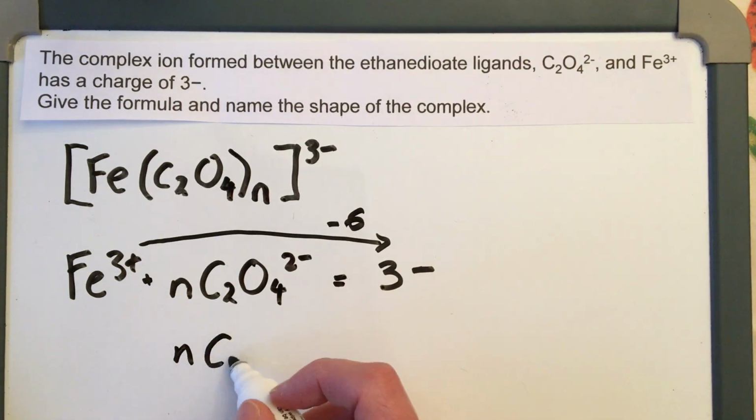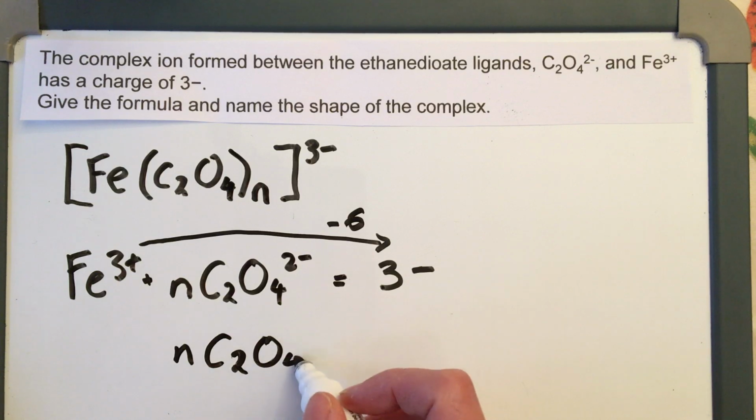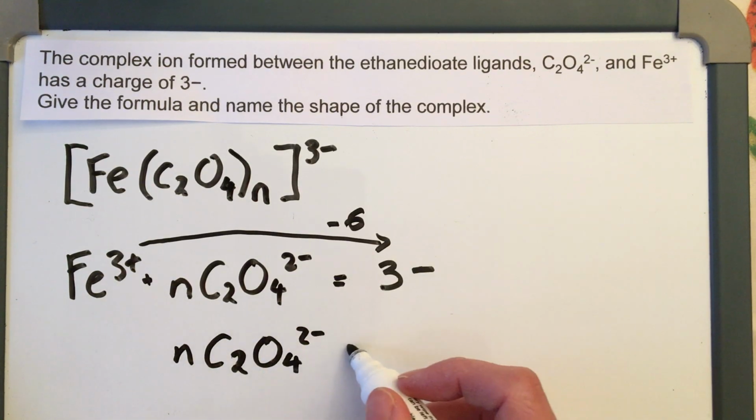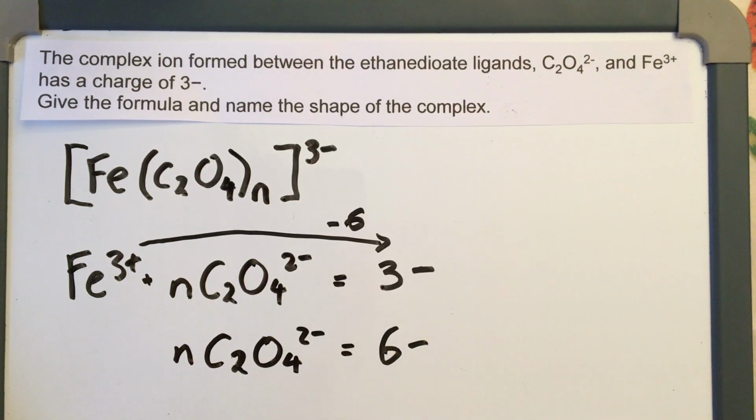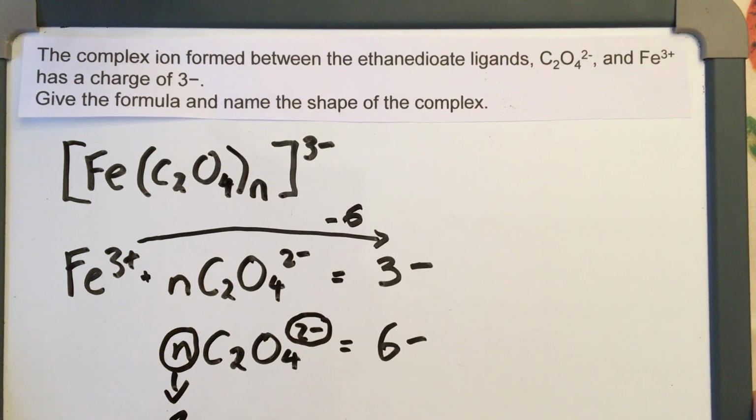All these ethanedioate ions, however many there are, have got to give us a charge of -6, or 6-. Each of the ethanedioate ions is 2-, so to get to 6-, this n must be 3. So I must have 3 ethanedioate ions in order to get to 6-.